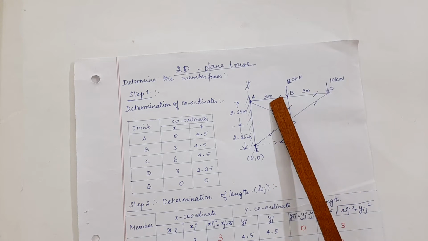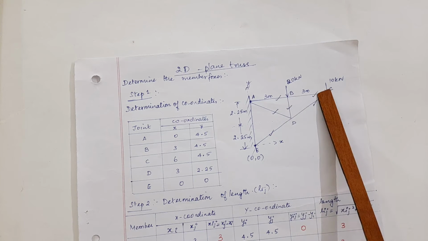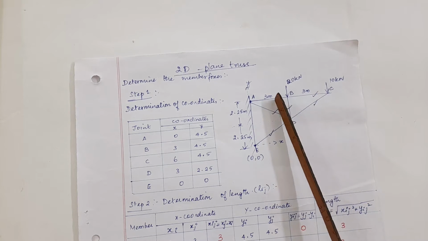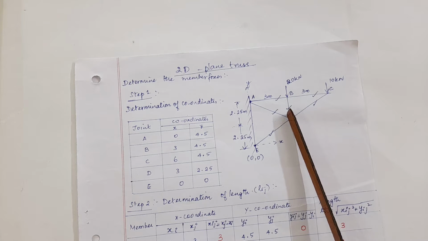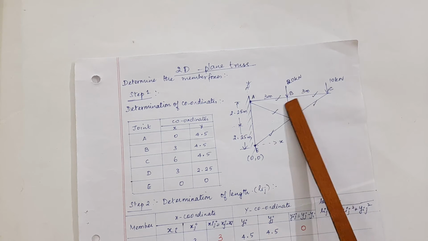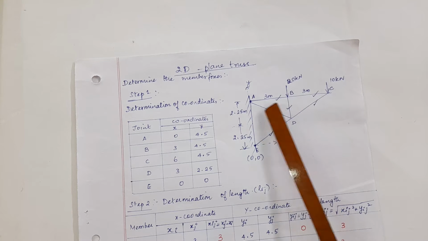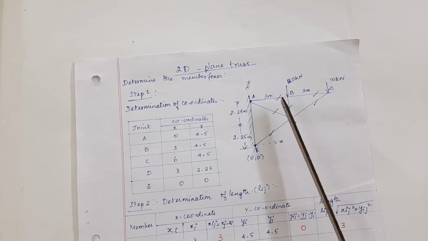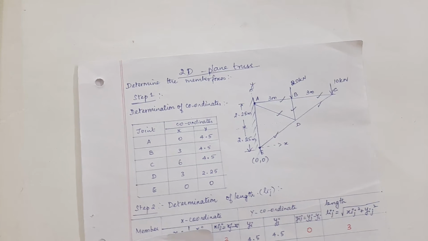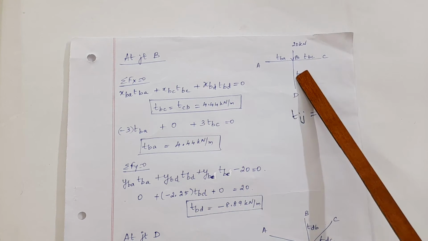Let me go to B. There are three members joining at B. The value for one member is determined, so only two members remain. I have two equilibrium equations, so I can go to B to find the tension coefficients of the two members BA and BD. Next, let us solve at joint B.